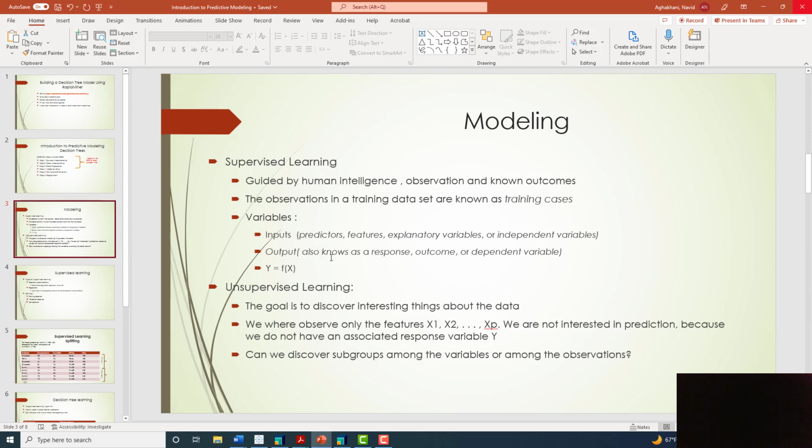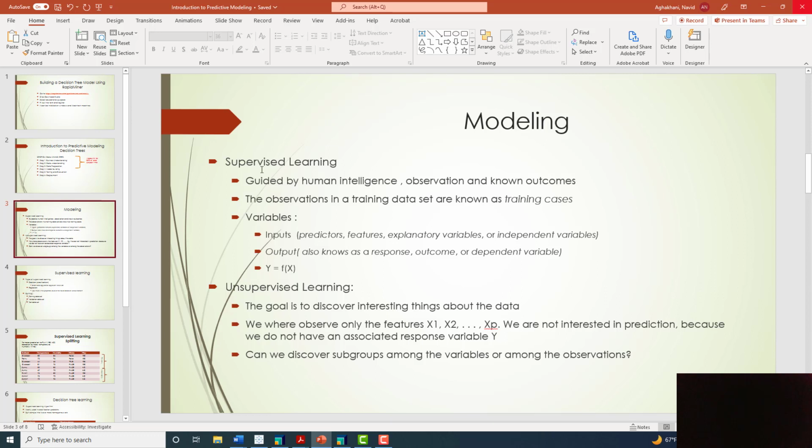For example, if you are going to predict house prices, the house price is going to be your dependent variable, and other features such as number of bedrooms, the neighborhood, the square footage of the apartment, and other features related to the house can be used as independent variables to train the model.